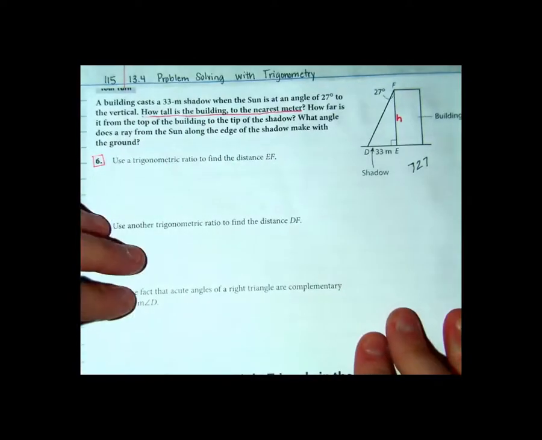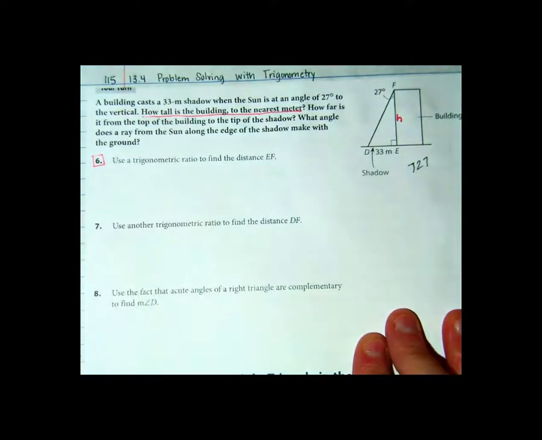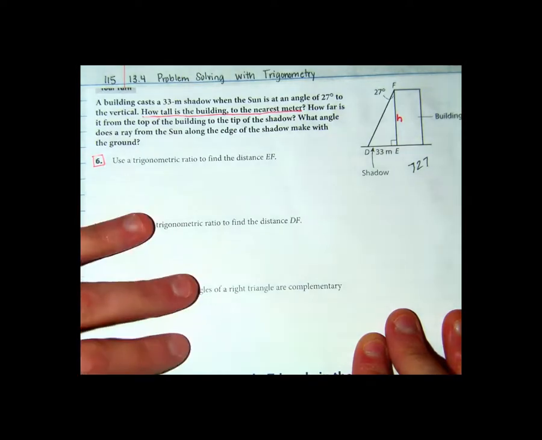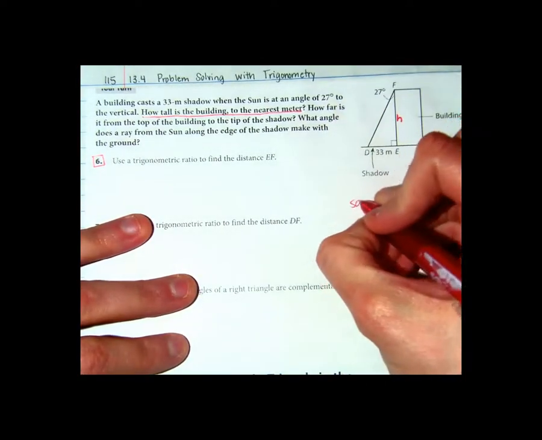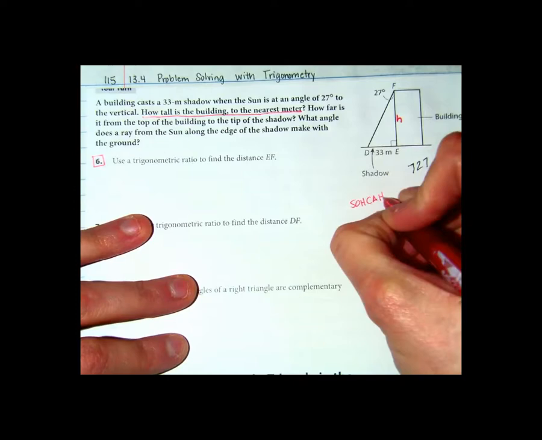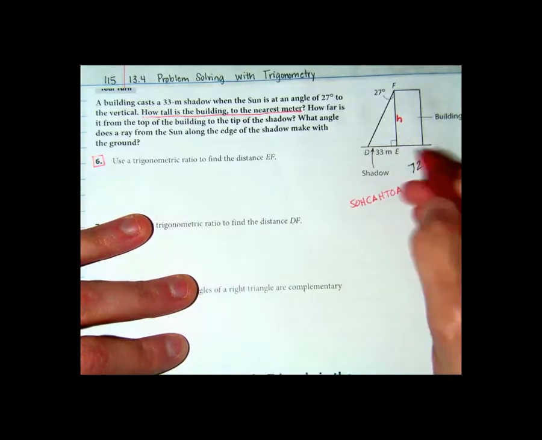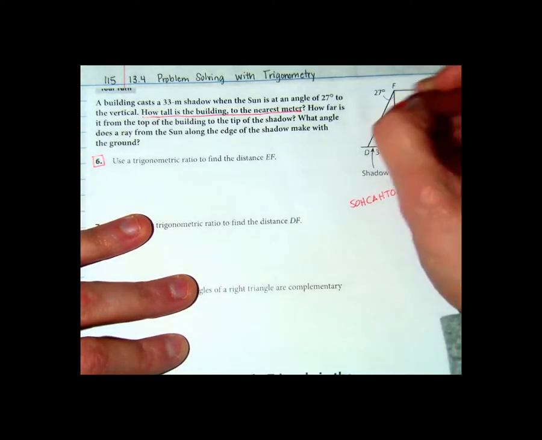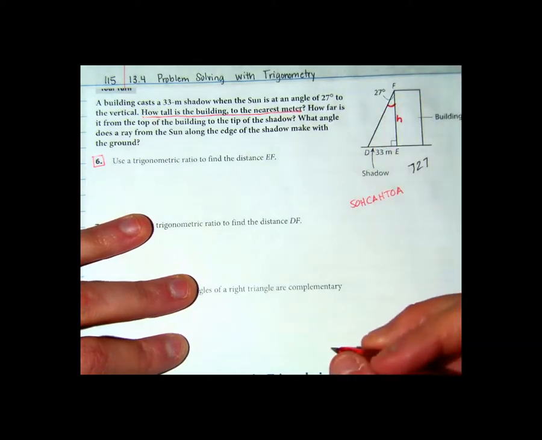So what are we going to do? It's been a while. You might need to flip back to your notes from 13.1 to 13.2. Remember, we need SOHCAHTOA. What degree do I have? Which one do I have? 27 right here. But what is 33 compared to 27?